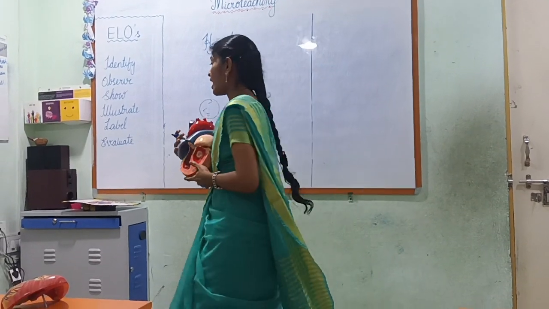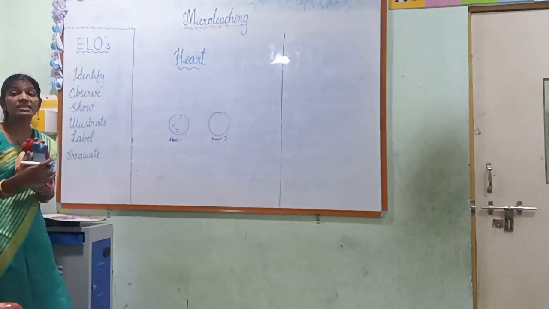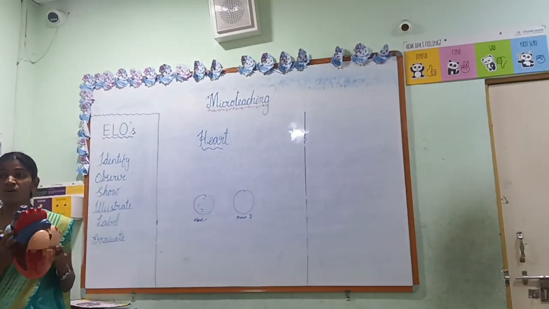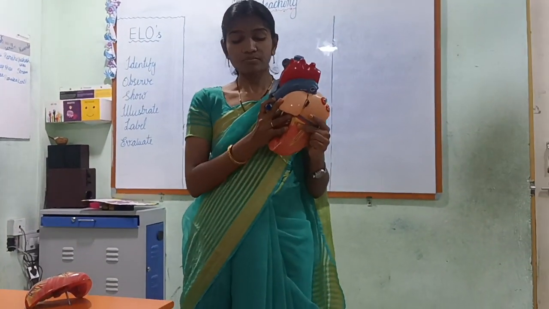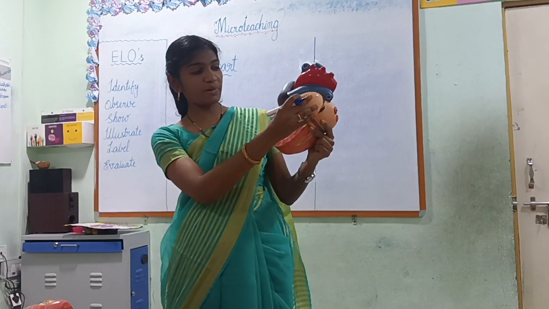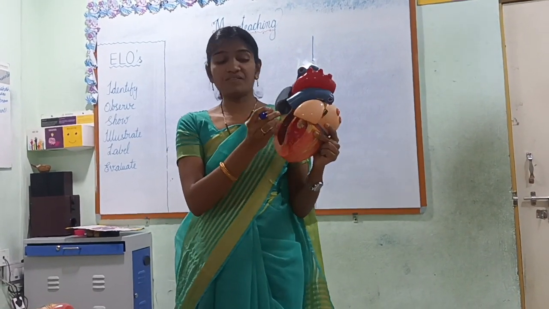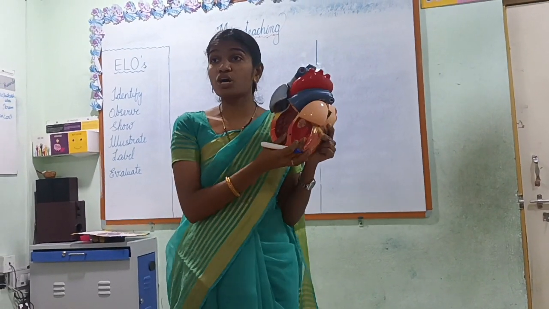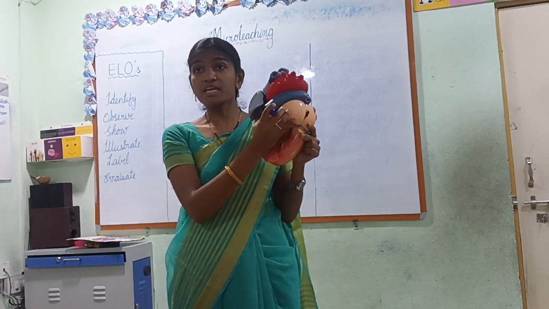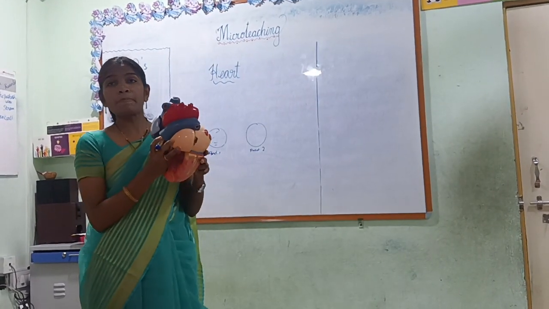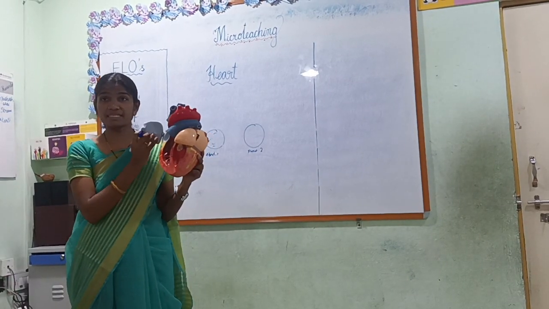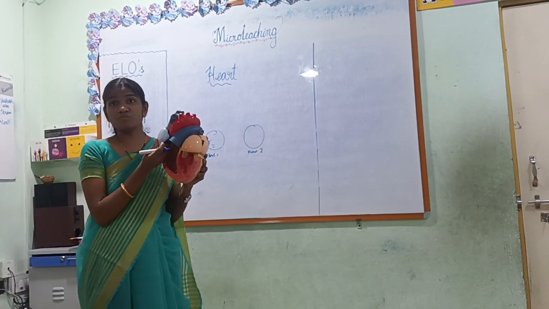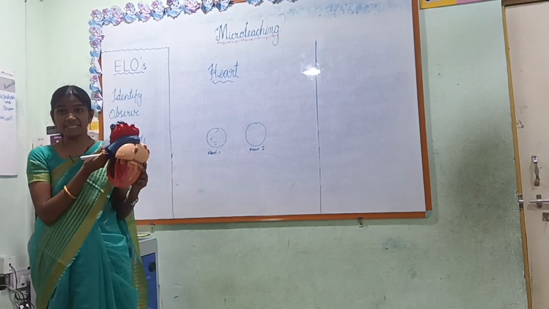See, the heart has 4 chambers. The upper 2 chambers are called atriums, and the lower 2 chambers are called ventricles. The upper chamber of the right side is called the right atrium.